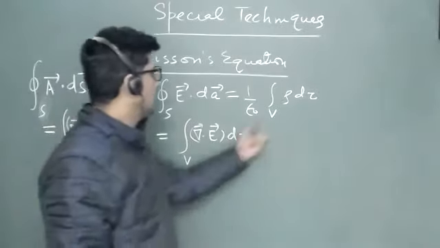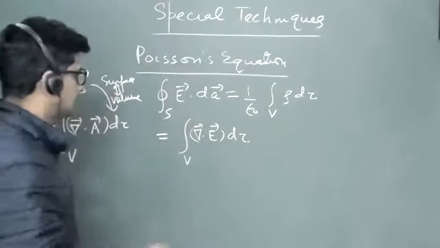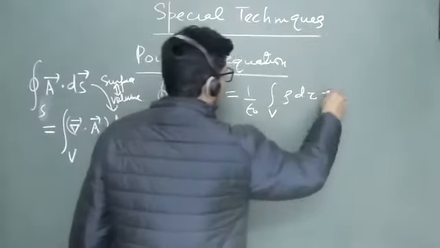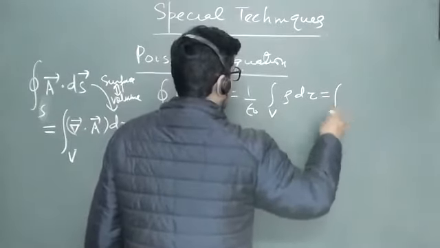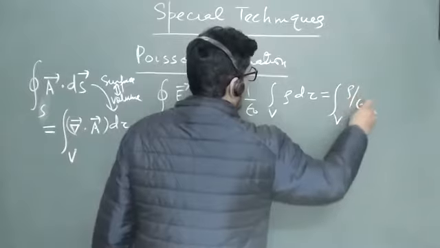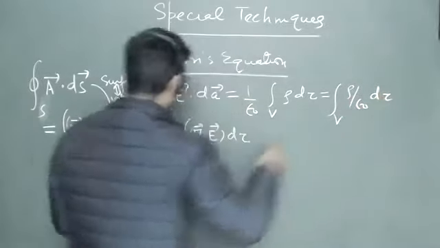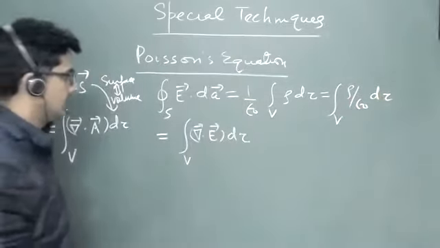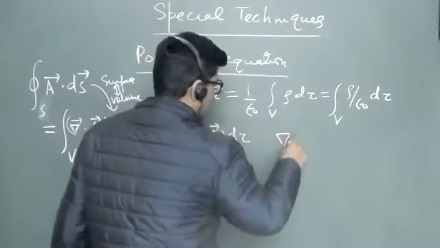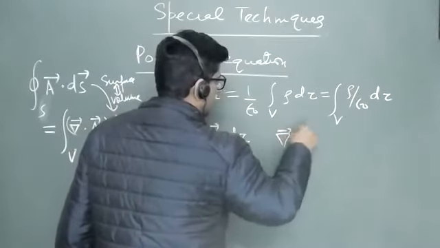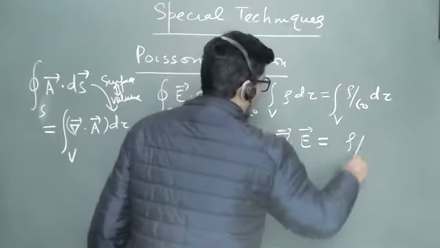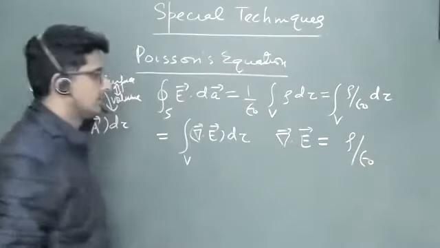Okay. Now you can compare these two because integrals are same. So let me put it this way: integral V rho by epsilon naught d tau. Now these two integrals can be compared, and they will give us del dot E is equal to rho by epsilon naught.